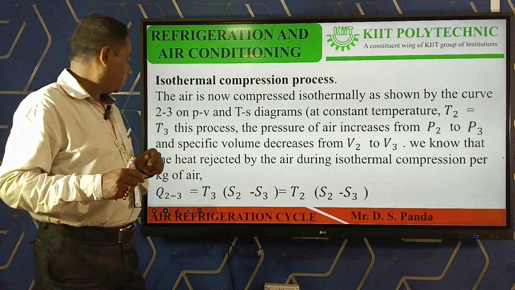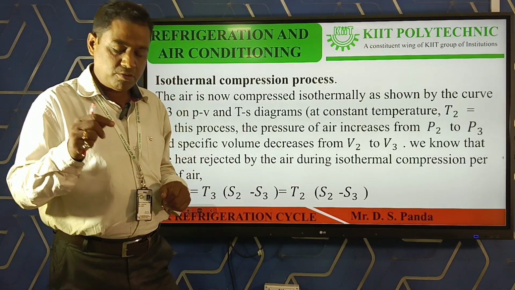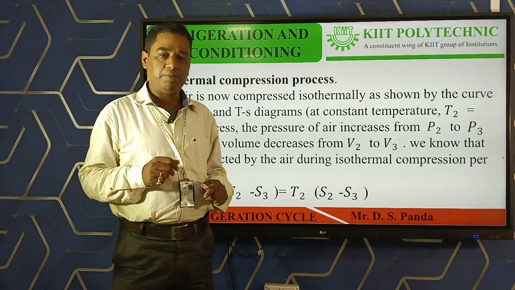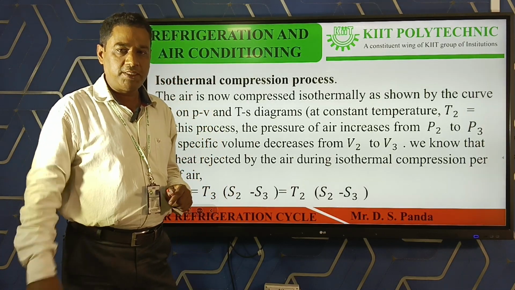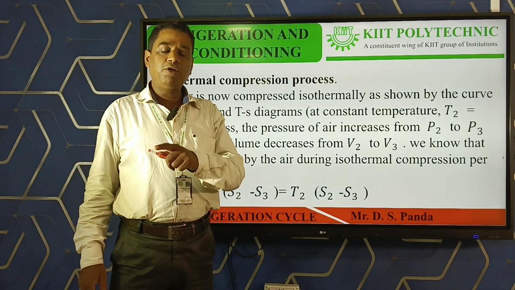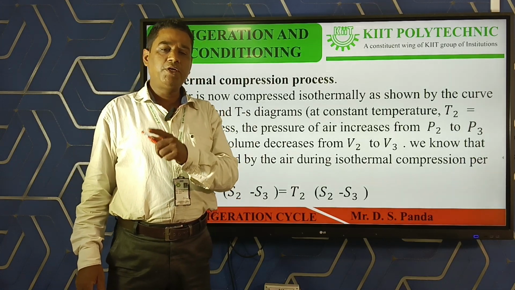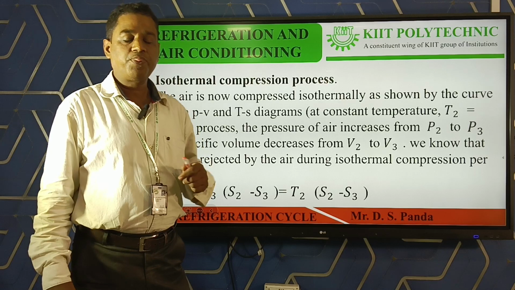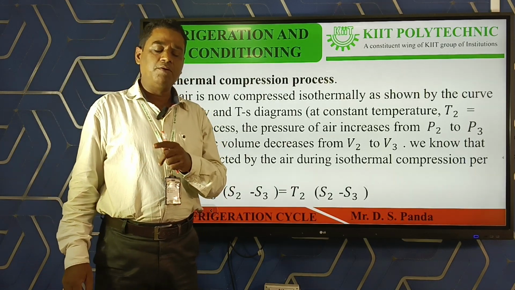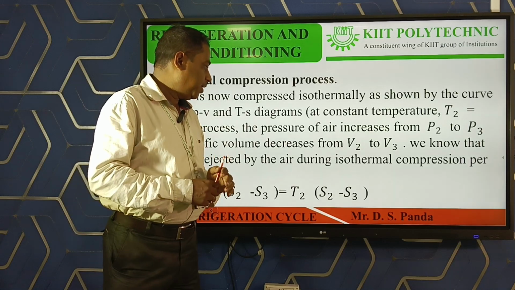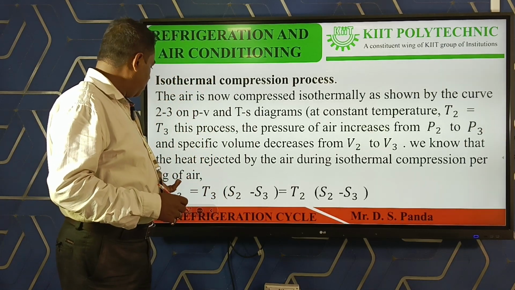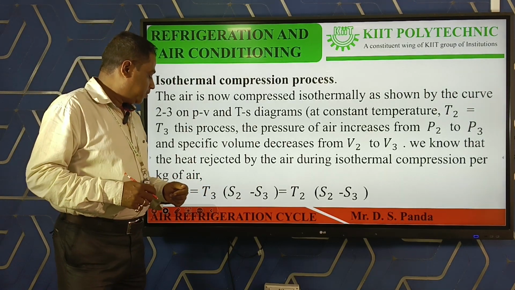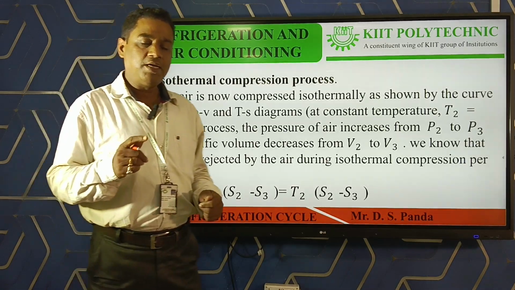The second one is isothermal compression. The 2 to 3 process is isothermal compression. The temperature remains the same, T2 is equal to T3, but the volume decreases from V2 to V3. So V3 is less than V2, and the pressure also increases from P2 to P3, and some amount of heat is rejected, that is temperature into change in entropy.